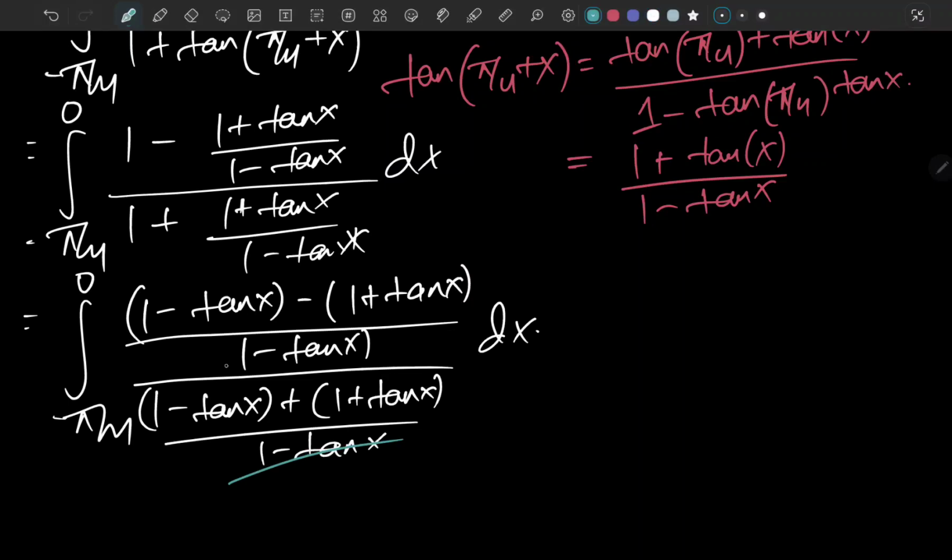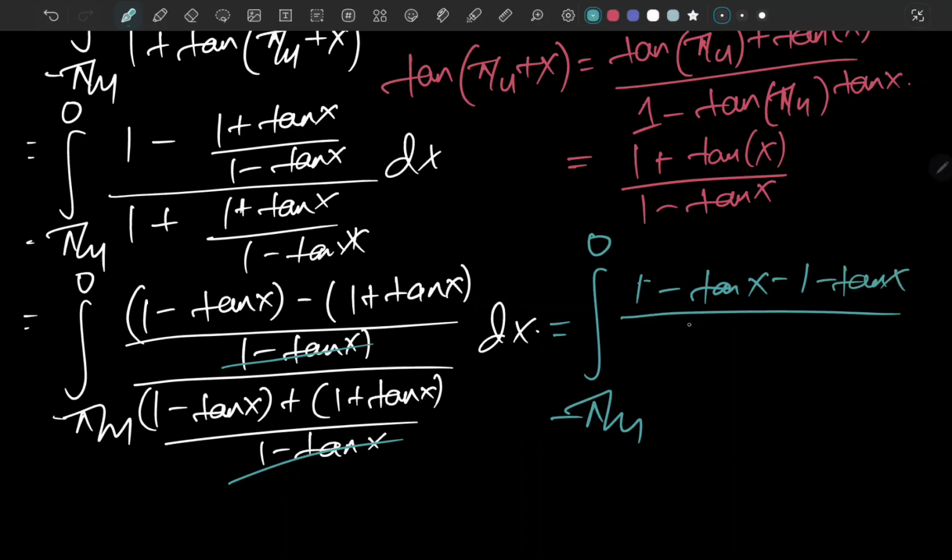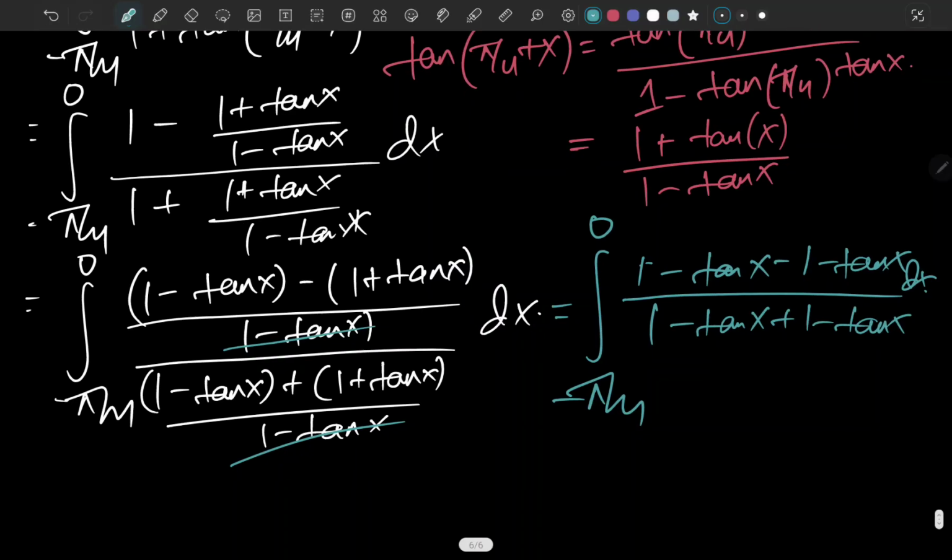So we are getting rid of these two things, and this becomes integral from negative pi over 4 to 0 of 1 minus tangent x minus 1 minus tangent x over 1 minus tangent x plus 1 plus tangent x dx.